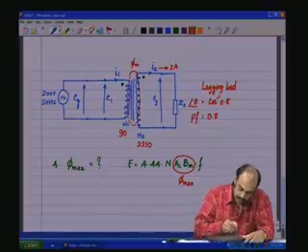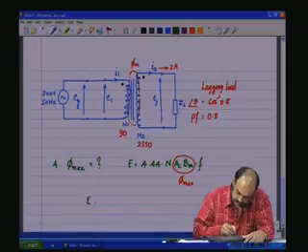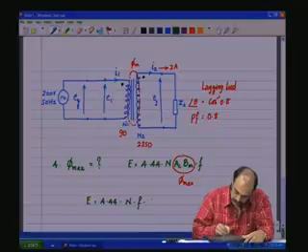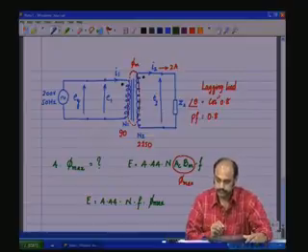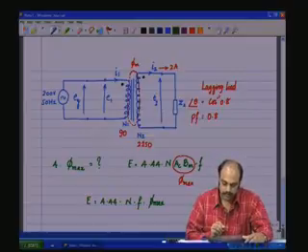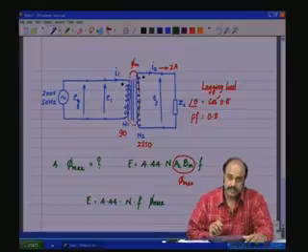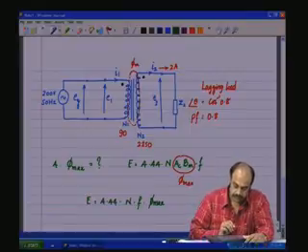So, E is equal to 4.44 into N into F into phi max or phi m. One could take either the secondary side or the primary side.